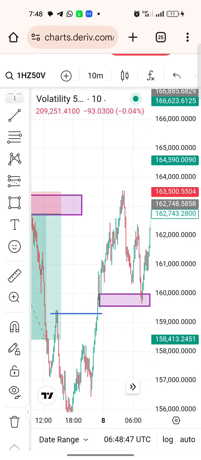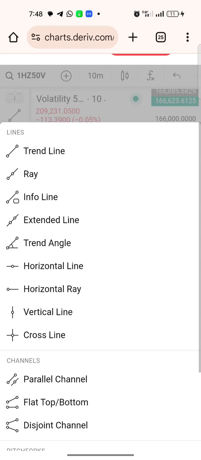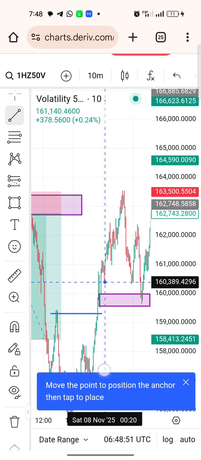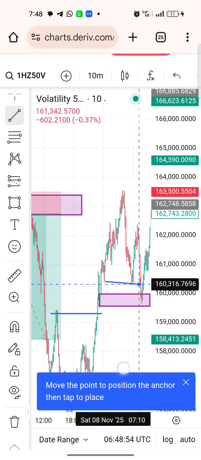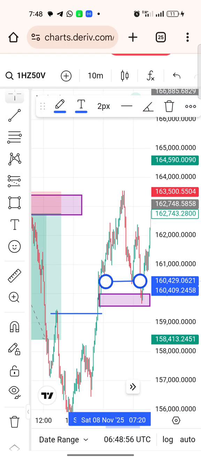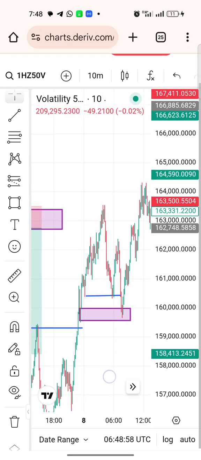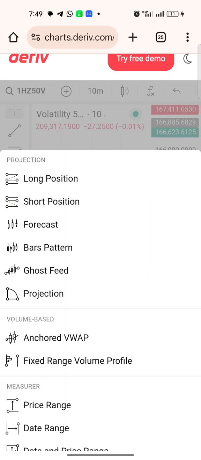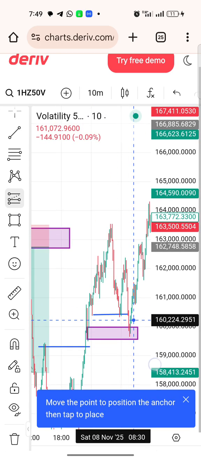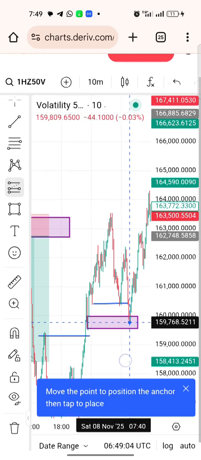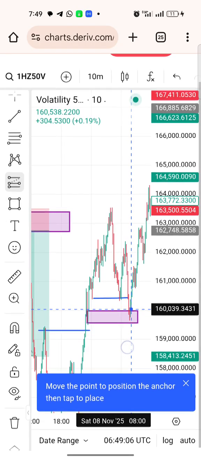And where's our liquidity? This is the first pullback here that failed to get to our point of interest. And why liquidity is so important is because if you can't see liquidity, trust me, you are the liquidity. You are the one that is going to pay dearly for it. That is why this is another order block here.